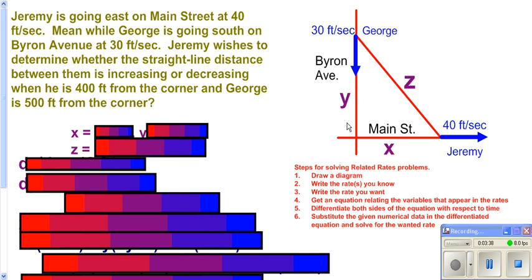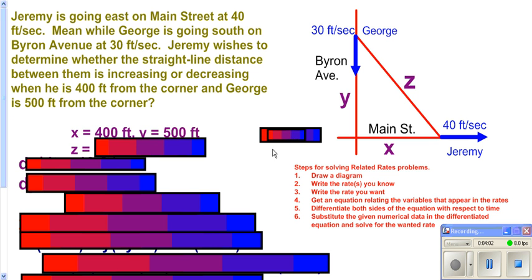And the vertical distance here, going on Byron Avenue, is y. That distance also changes, and the distance between them changes, so you're going to have a variable for all these distances. Now, we do know a particular x and y for the instant we're looking at.